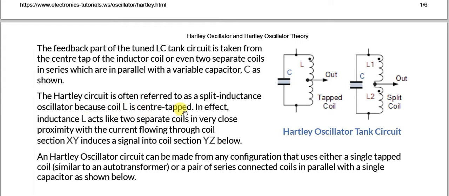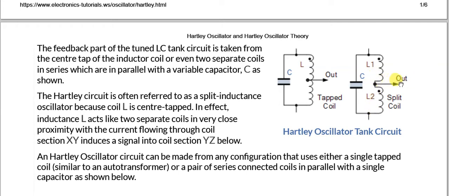Center tap means, I have explained that in the previous lecture I took, that when we have a single coil, we wind a single coil starting from, let's say, this tap, and let's say we take 500 turns. For the center tap, we take a tap at the center after, let's say, 250 turns, at the center of the 500, and a connection is taken out.